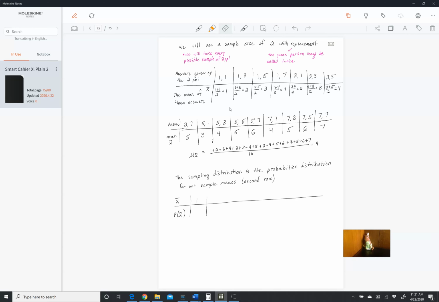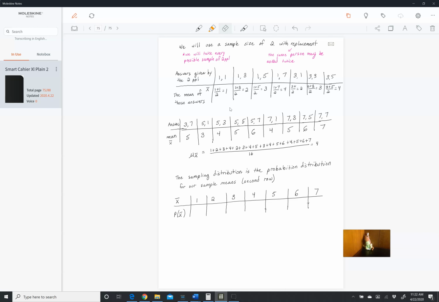What's another one? 2 is a possibility. We see 2 there. We see a 3. We see a 4. We see a 5. We see a 6. And we see a 7. These are the different sample means that we see.